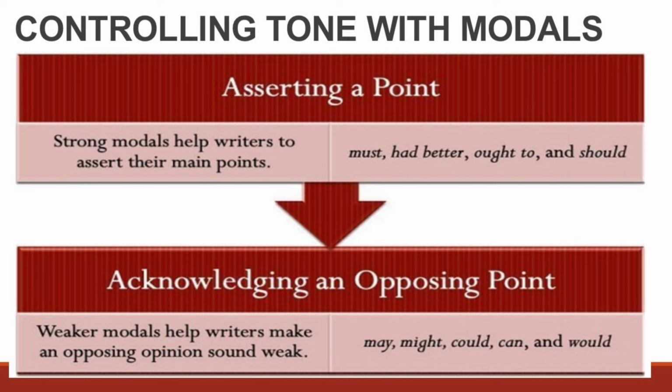So we may use the modal verbs must, had better, ought to, and should. And in acknowledging an opposing point, weaker modals help writers make an opposing opinion sound weak. So we may use the modal verbs may, might, could, can, and would.